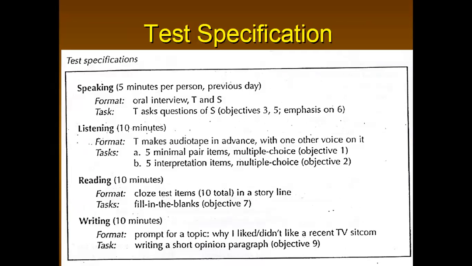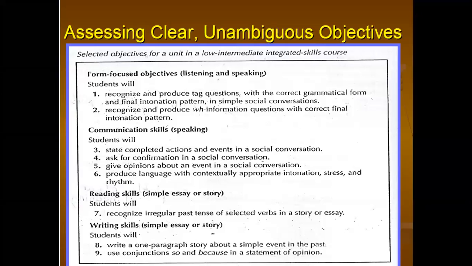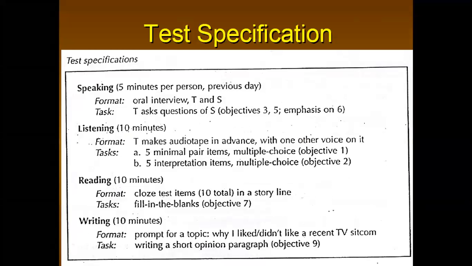For the listening, she or he is taking into consideration objectives 1 and 2, which are recognize and produce tag questions with the correct grammatical form and final intonation pattern in simple social conversations, and also recognize and produce WH information questions with correct final intonation pattern, which is the objectives 1 and 2.